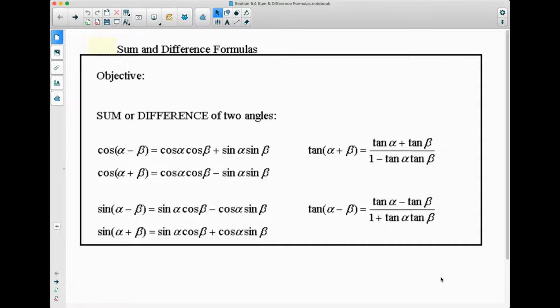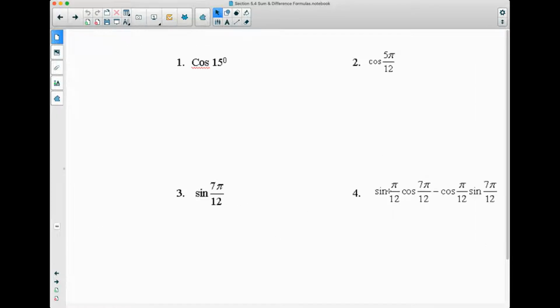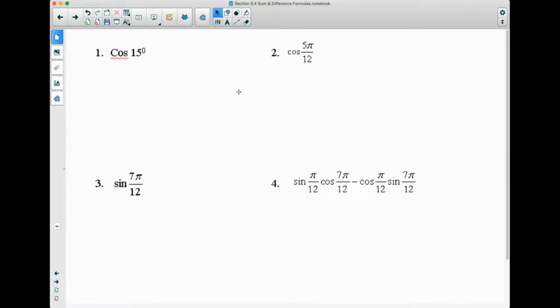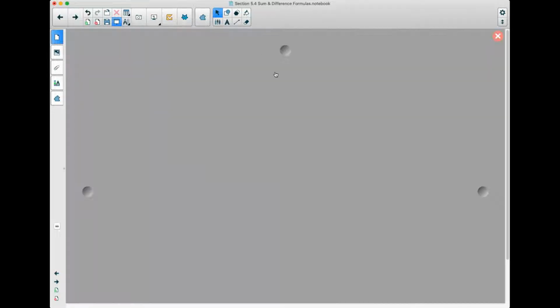it. So if you think about it, 45 minus 30 is 15. So if I did cosine of 45 minus 30, I can find the exact value without a calculator using that formula. Okay, so we're going to do exactly that. So let's look at cosine of 15 degrees.